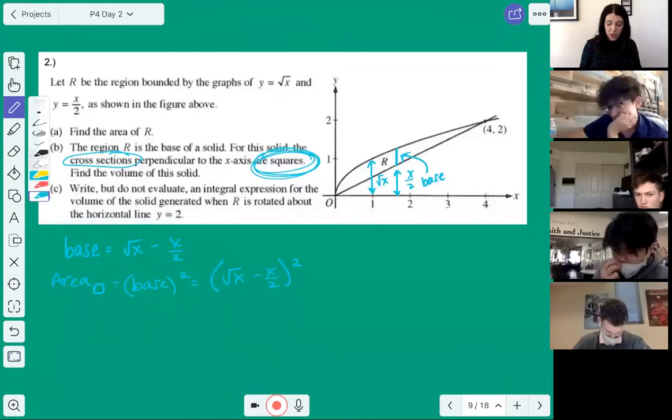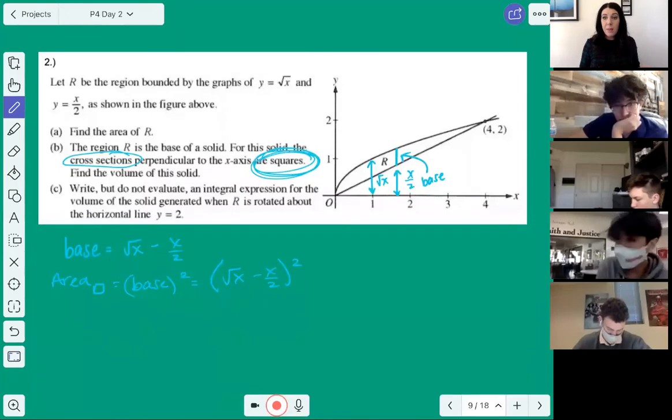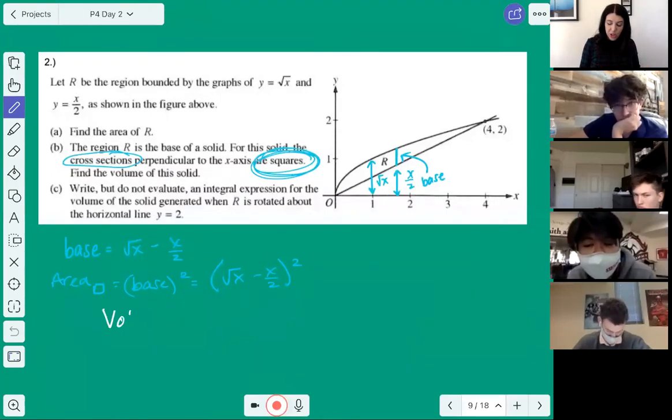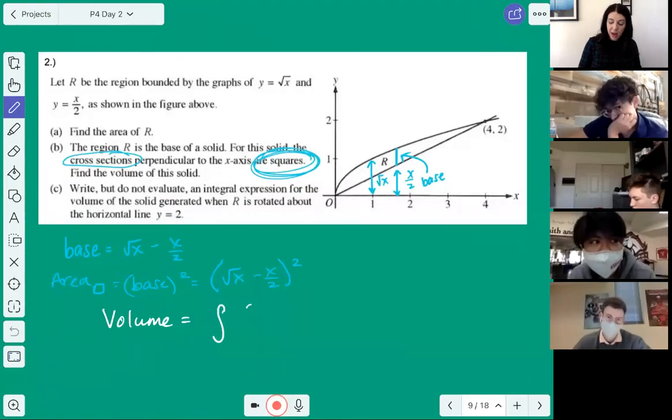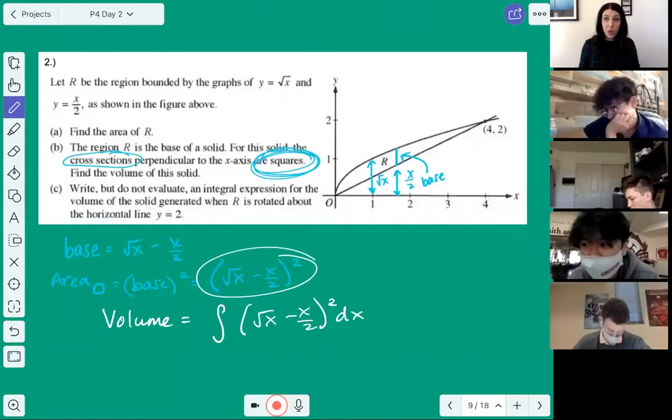The next thing we do, now that we have that area equation, is integrate, because in order to get a volume, which this still is, you should label it volume equals, we're going to integrate the area. So we're literally going to integrate this equation: square root of x minus x over 2 quantity squared dx. You'll notice there's no pi in this one, because there's no pi in the area of a square.